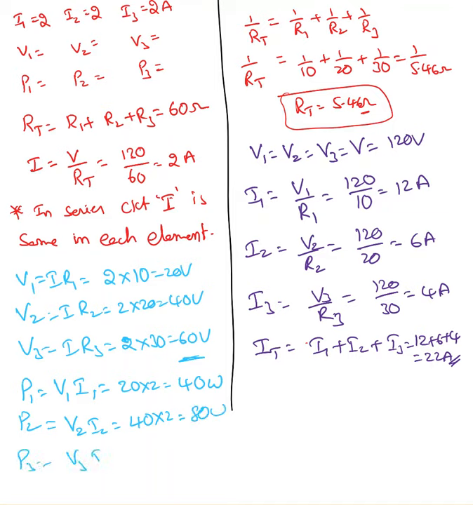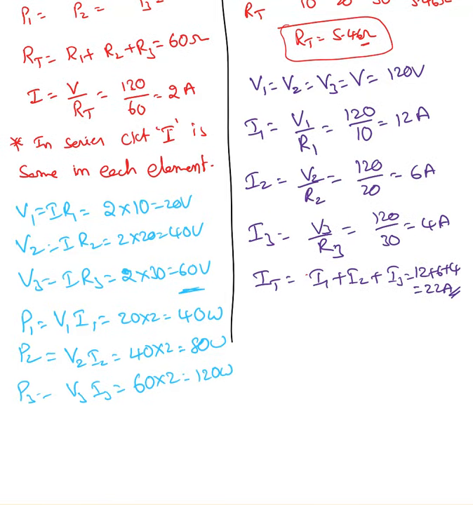P3, V3 times I3, which is 60 times 2, 120 watts. So if you look at my resistors, I have 10 ohms, 20 ohms, 30 ohms. When you look at the power, 40, 80, 120.